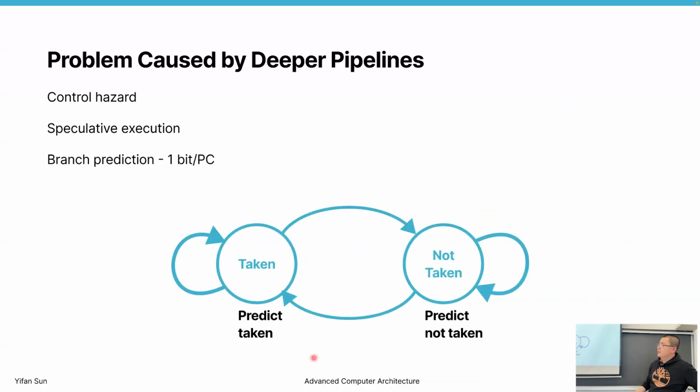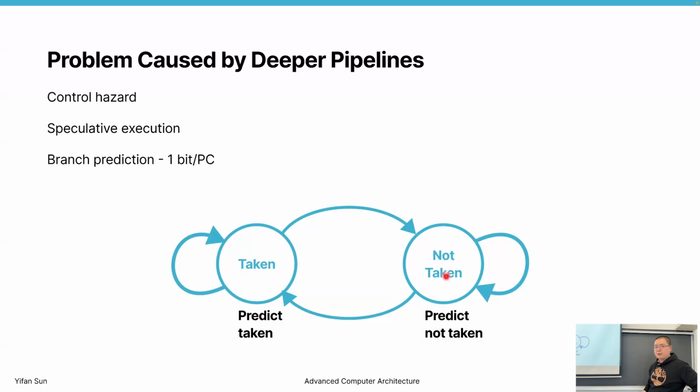Now, what is a good branch predictor? This is the most ancient way of making a branch predictor. We start with the assumption that it's not taken. Okay, we start from this point. If we're currently in this state, then we predict it's not taken, so we'll keep going.